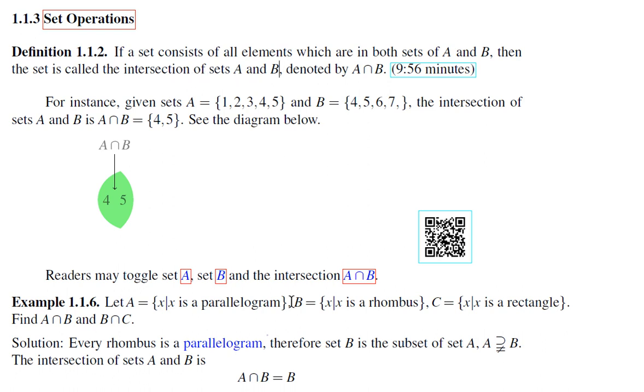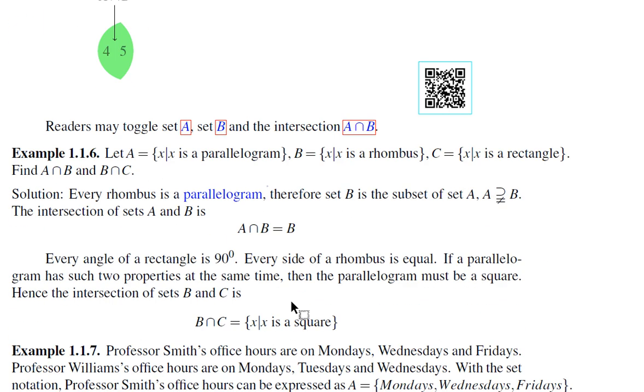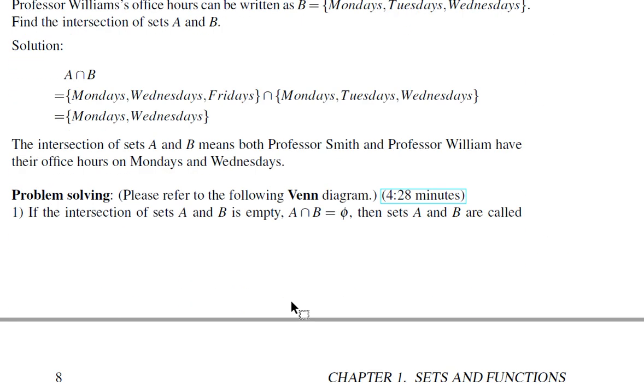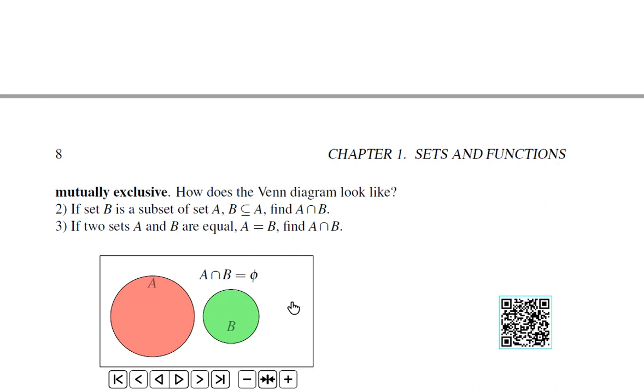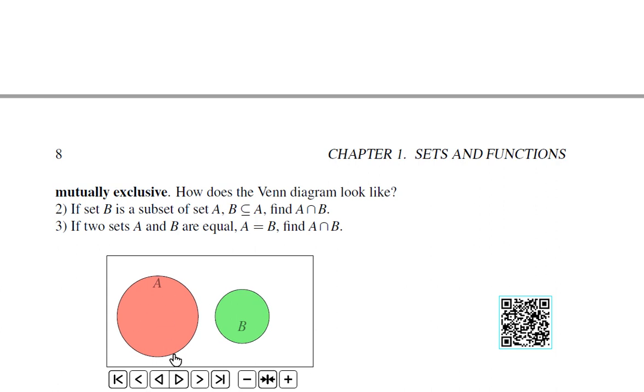There are some special cases students sometimes get confused. One is the mutually exclusive and some special cases for the intersection. We see right here two sets in this way, A and B. There is no common part.